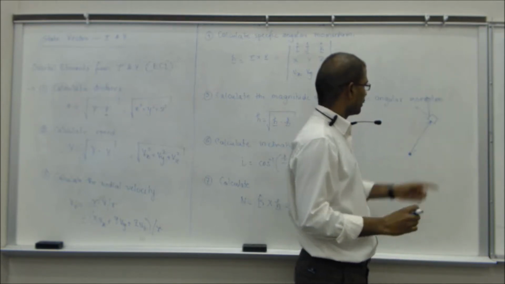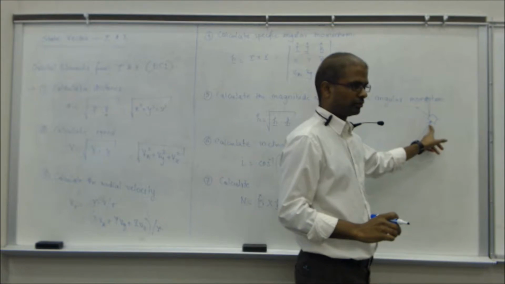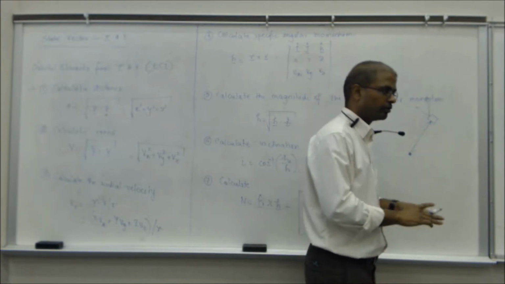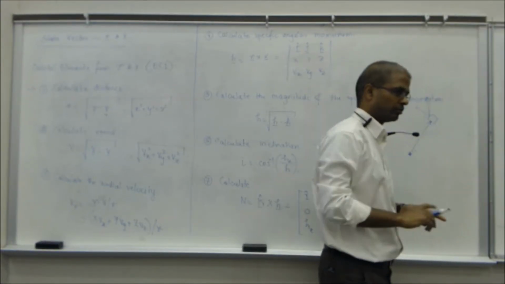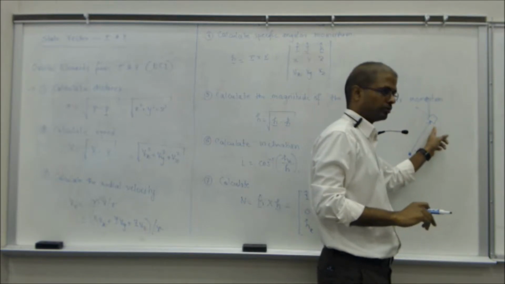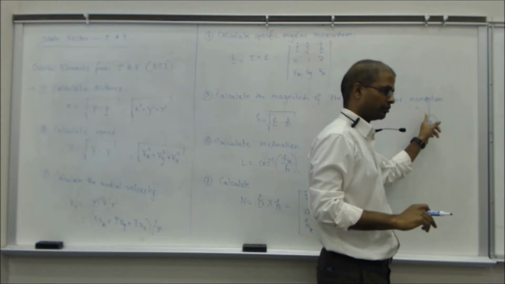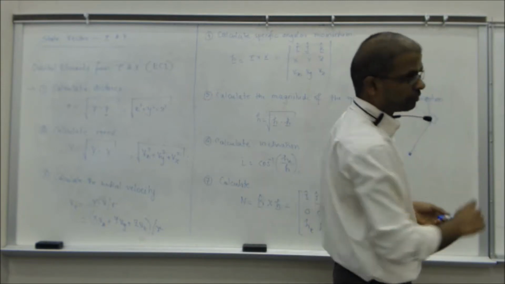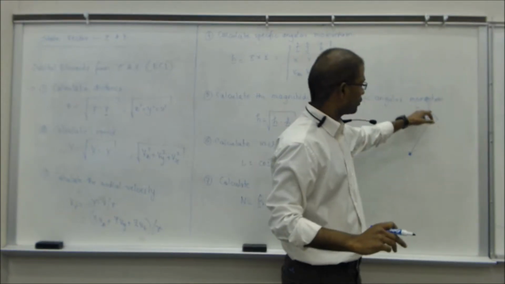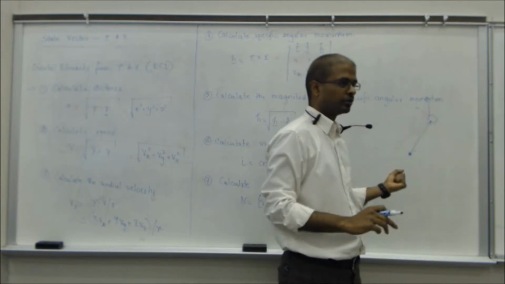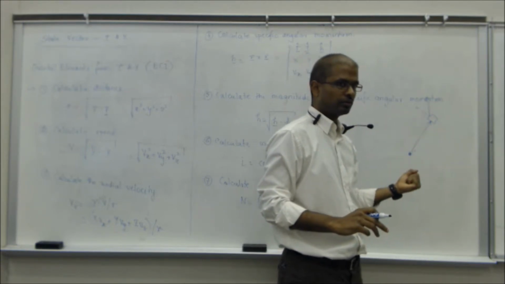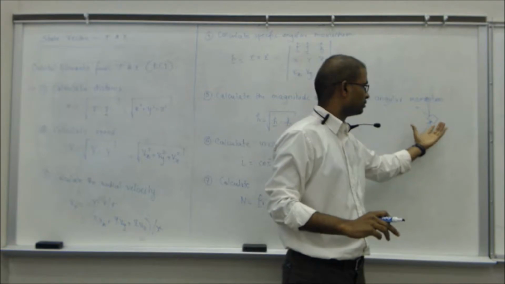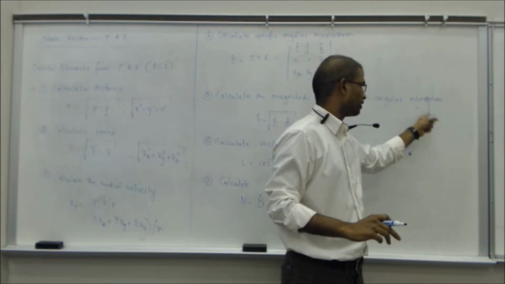See, if it was only this direction, this would go out. If it was only this direction, it would just go in a straight line. So it tries to go in a straight line and this tries to pull it. That's the reason you have a radial component and a tangential component.